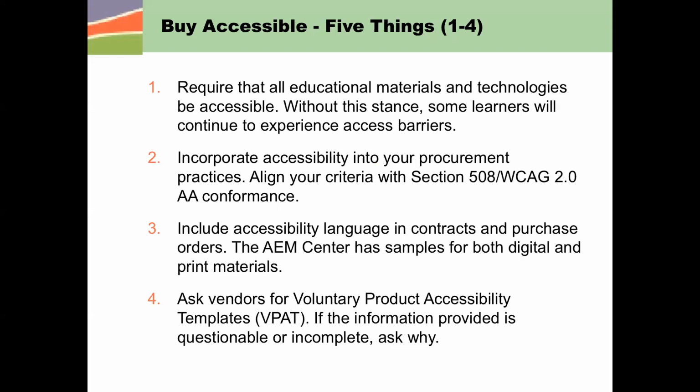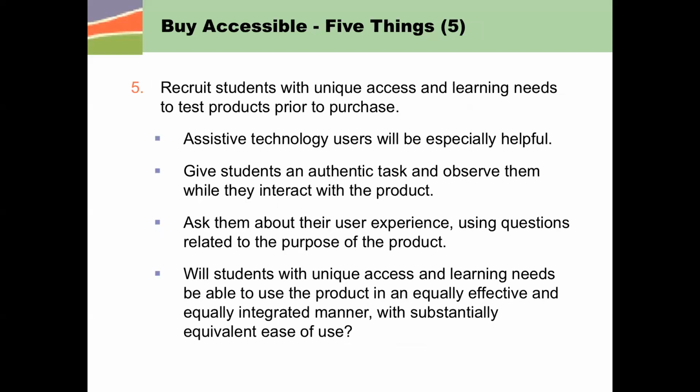It gives you an opening to ask them why, and start the conversation about accessibility, because the VPAT is a point of conversation that you can enter into with a vendor to say, this is what I mean by accessible, and tell me more about your VPAT.